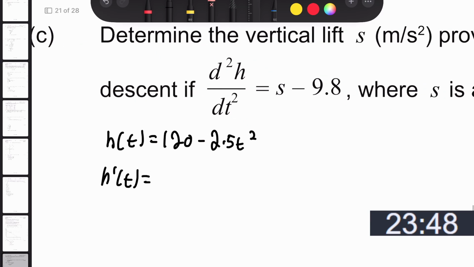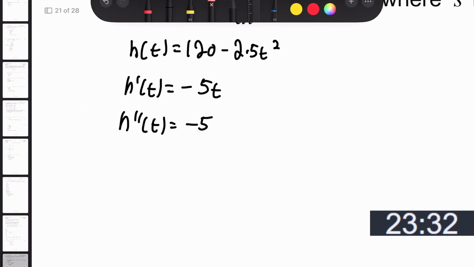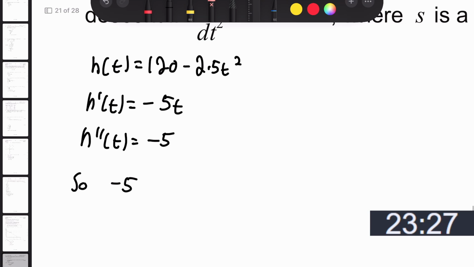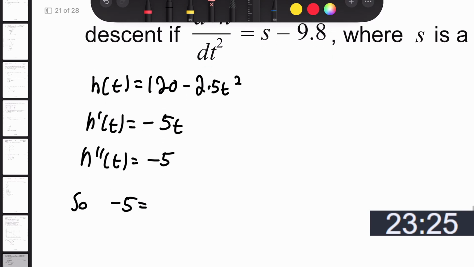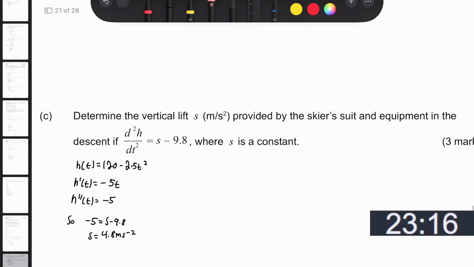Then h dash of t is negative 5t, and acceleration is negative 5. So negative 5 is going to equal S minus 9.8. S is going to equal 4.8. Is that right?